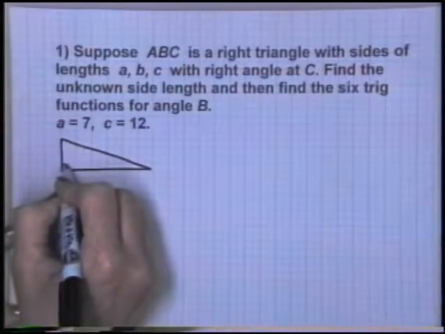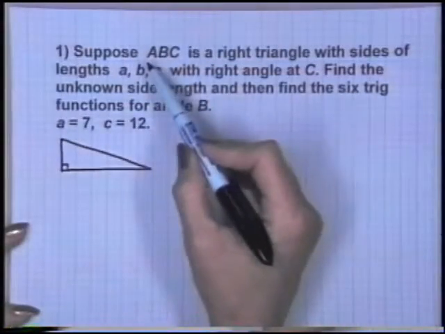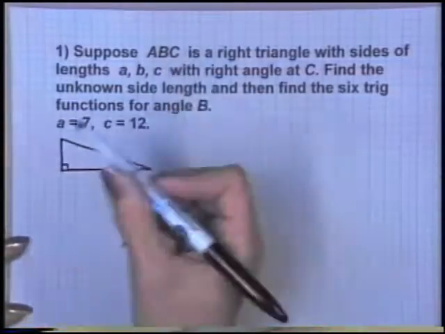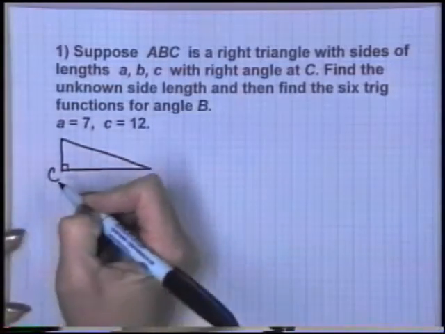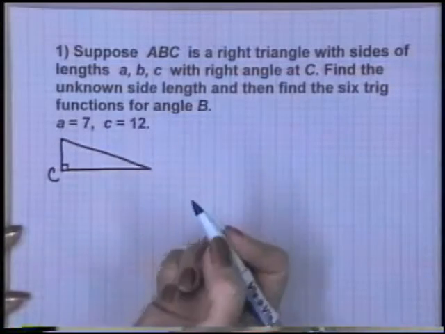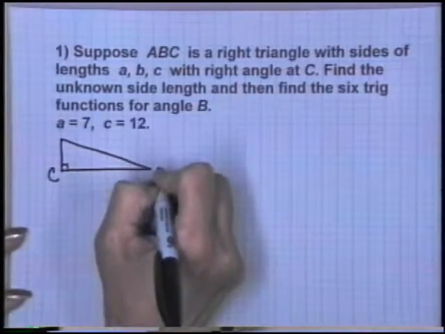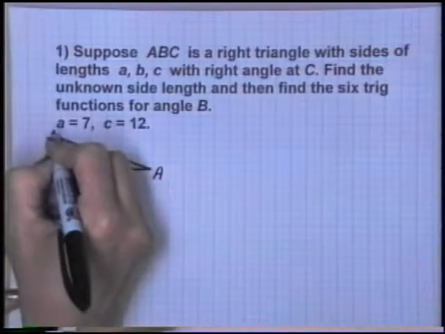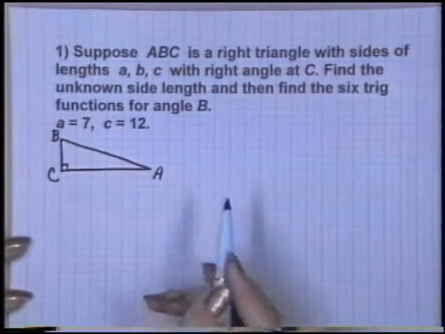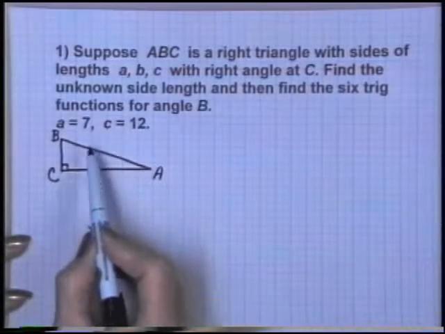Standard operating procedure in dealing with right triangles whose vertices are labeled ABC would be to let angle C be the right angle. And it doesn't matter on your 2 acute angles which one you label angle A and which one angle B. That's how I'm going to label my triangle.